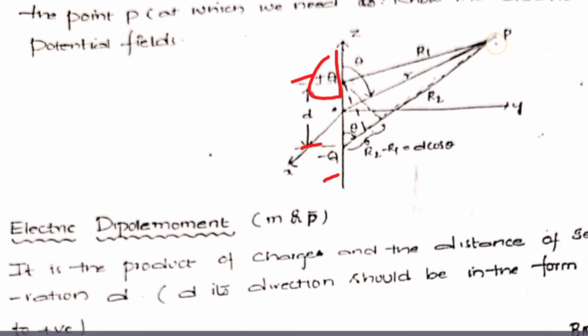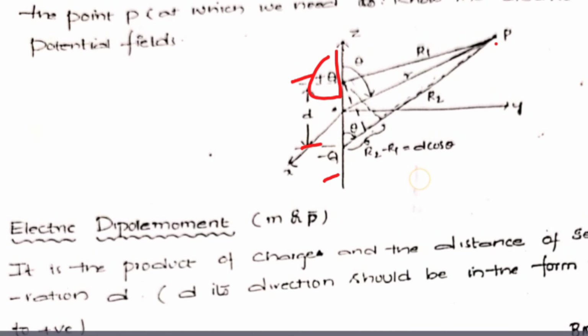A point P is located somewhere. The distance of point P from the positive charge is r1, whereas from the negative charge it is r2. Remember that. From the origin, the distance of point P is small r. Here r2 minus r1 equals d cos theta.